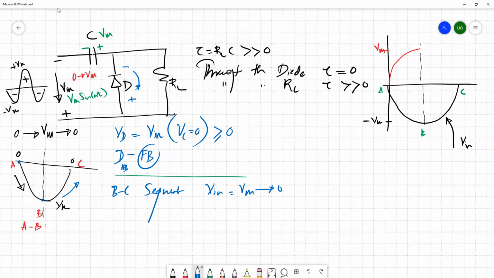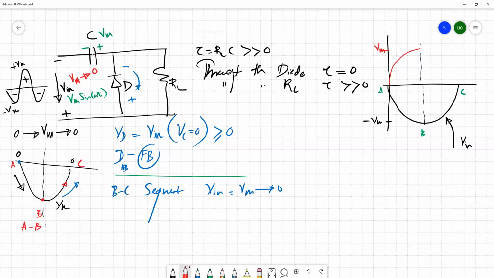Now the input polarity is the same, in the downward direction, but the applied voltage is reducing to 0. Initially at this point it's Vm.